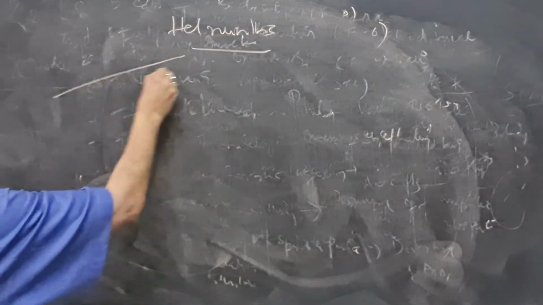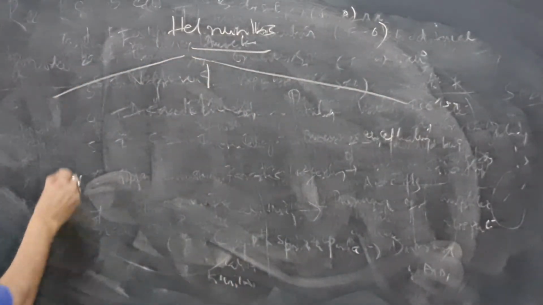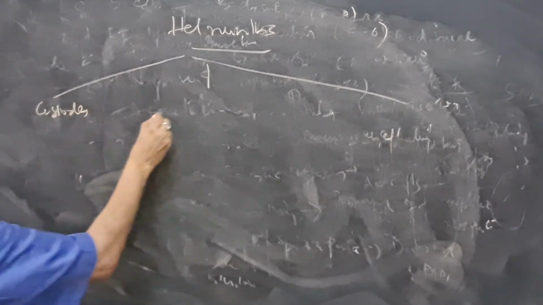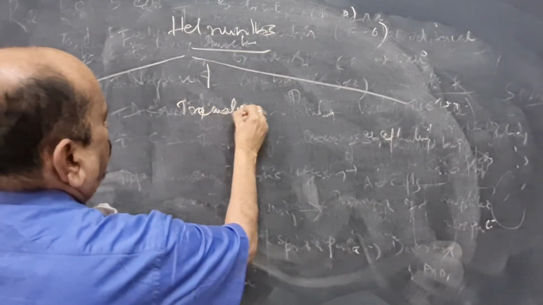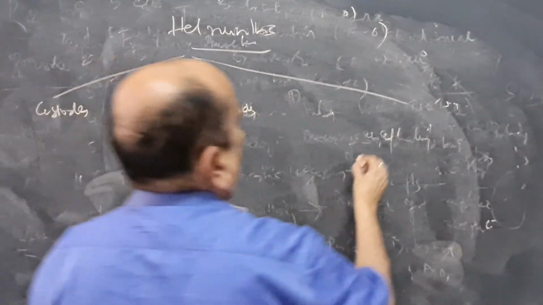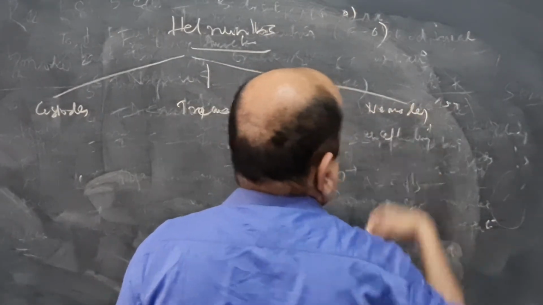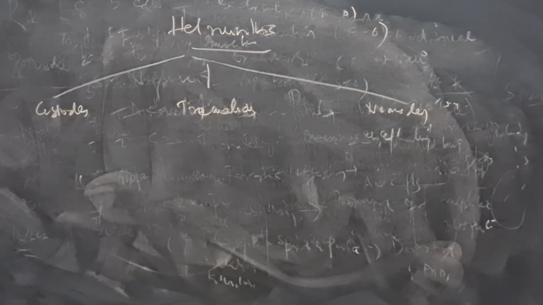Helminths are multicellular parasites. They are classified into three: cestodes, trematodes, and nematodes. Everybody repeat with me: cestodes, trematodes, and nematodes.